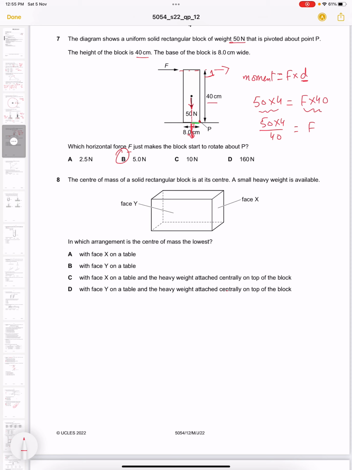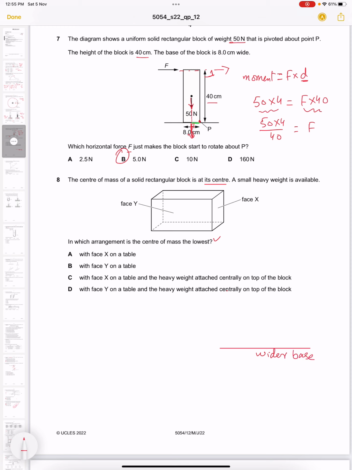The next question. The center of mass of a solid rectangular block is at its center. A small heavy weight is available. In which arrangement is the center of mass lowest? We know that the center of mass is lowest when the base is widest. So we have to keep the base as wide as possible.